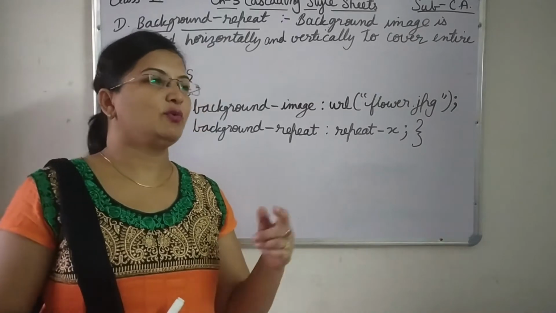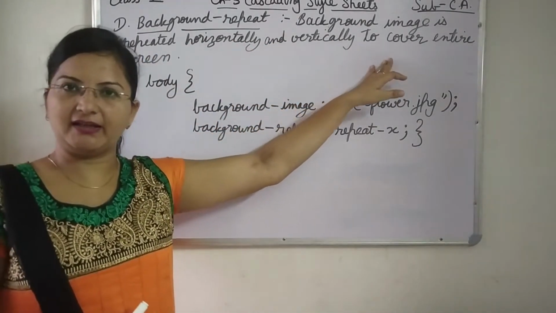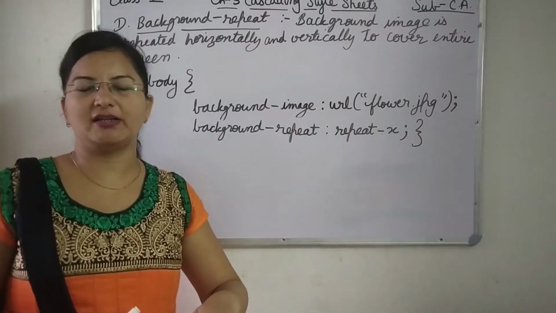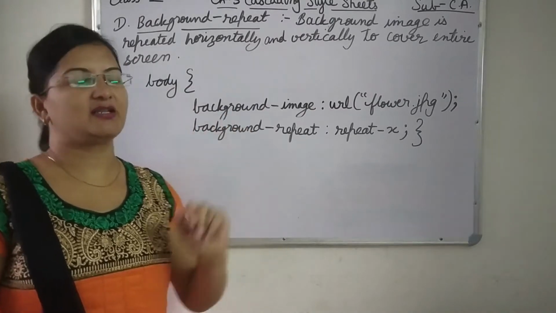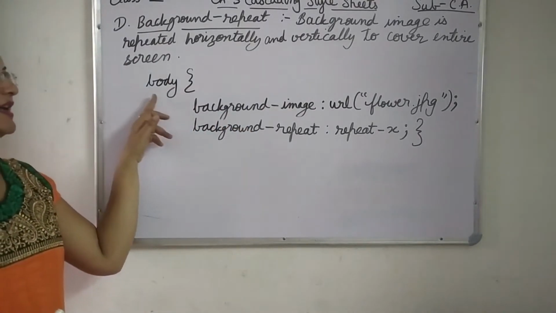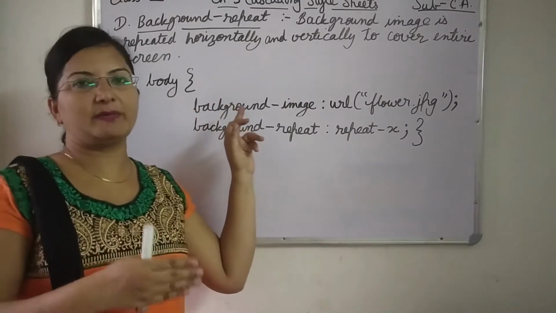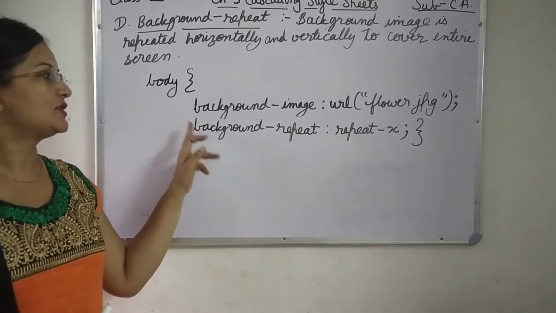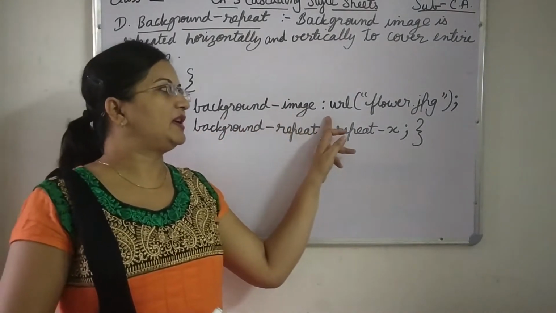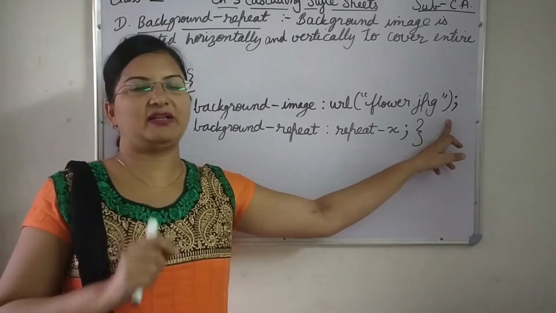If we want the image to cover the whole screen horizontally or vertically or both, then we will use background repeat. So here we will simply write the body element, because we want to set the background image in the web page. So background hyphen image URL flower.jpg, that means the flower.jpg image will be in the background.